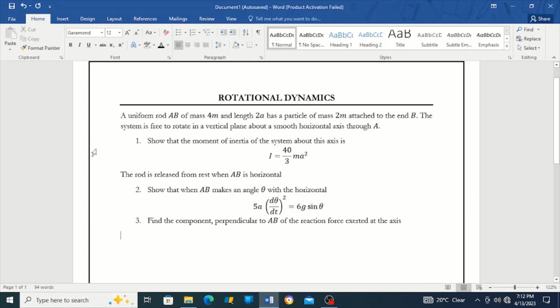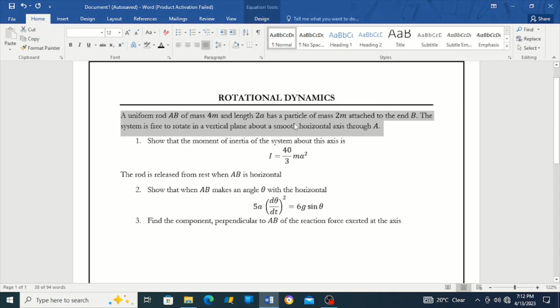Okay, so the question reads: a uniform rod AB of mass 4m and length 2a has a particle of mass 2m attached to the end B. The system is free to rotate in a vertical plane about a smooth horizontal axis through A. Show that the moment of inertia of the system about this axis is I equals 40/3 ma squared.